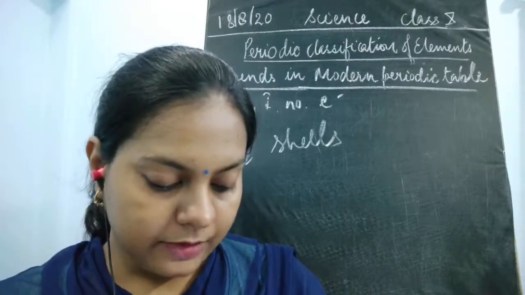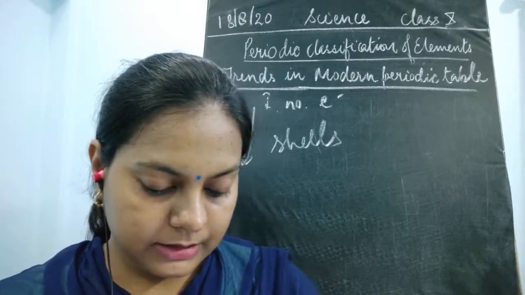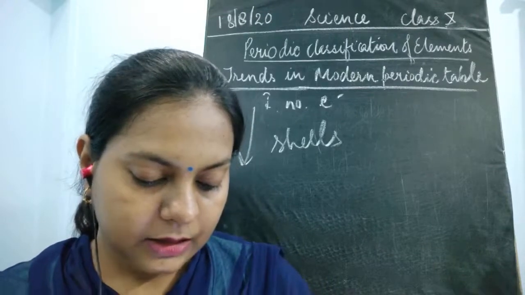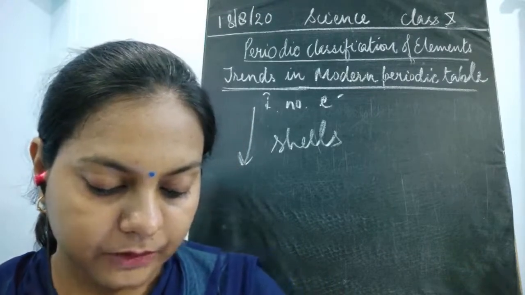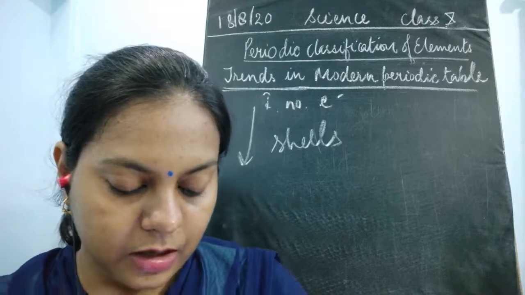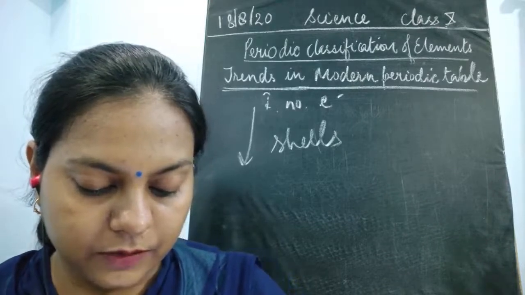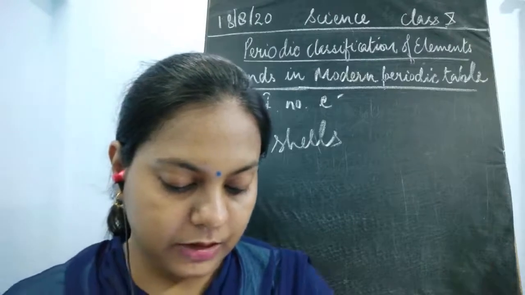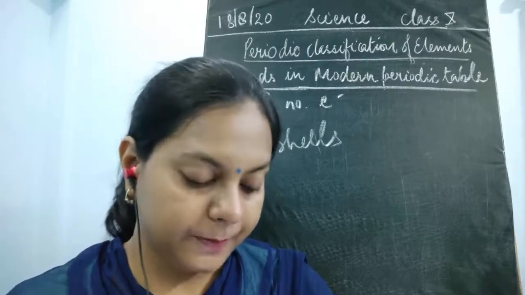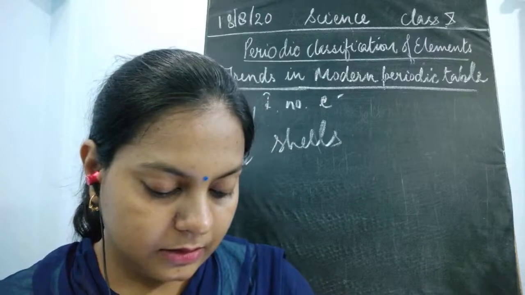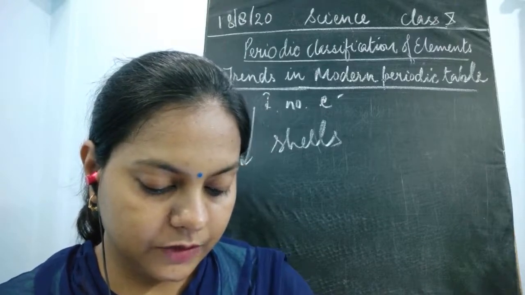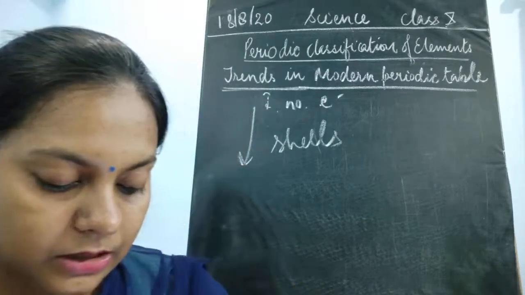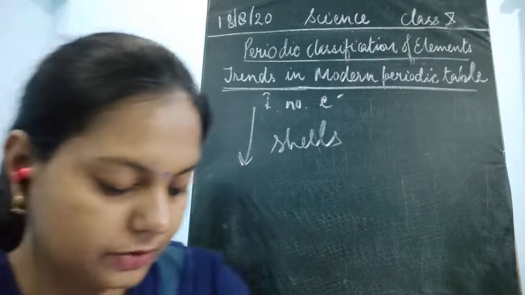However, the valence electrons are present in the higher shells, which are further away from the nucleus. This decreases the force of attraction between the outermost shell and the nucleus when we move down a group. Next, in a given period, the nuclear charge and the number of valence electrons in a particular shell increase from left to right.